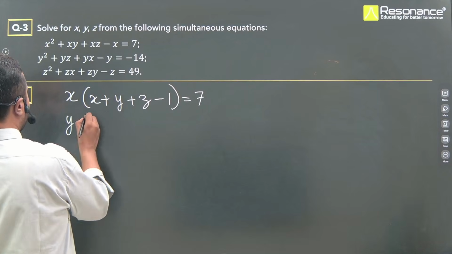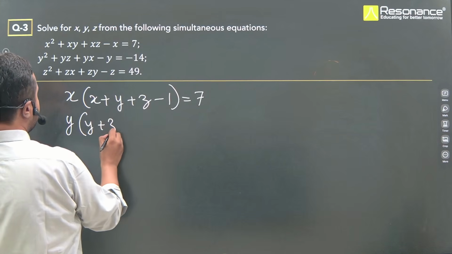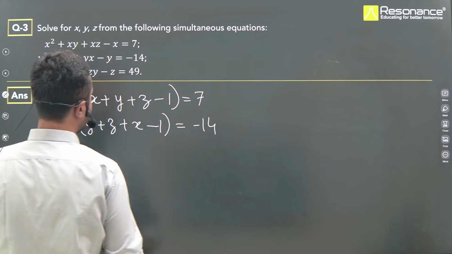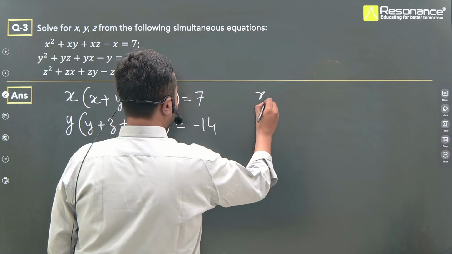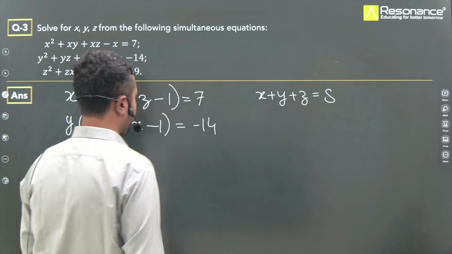And the next one, y into, what is all that? It is y plus z plus x minus 1 is minus 14. Notice that these two are actually the same thing, right? So you know what? Let's just call x plus y plus z as s.